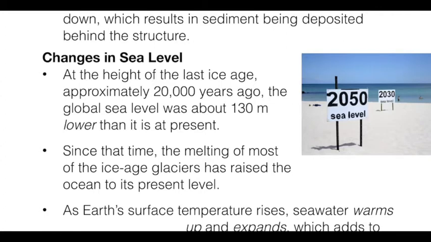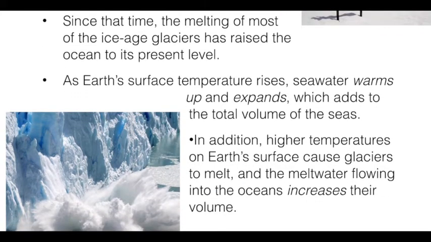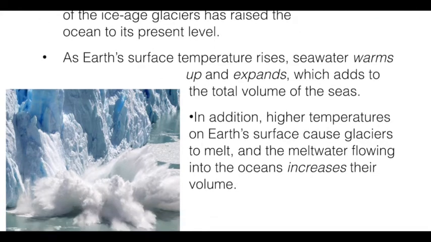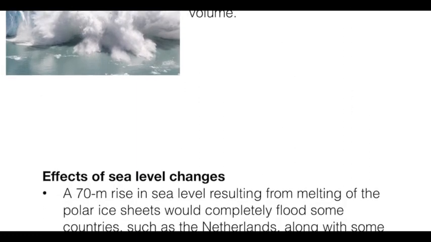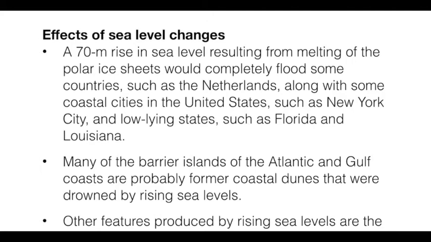So you end up with changes to coastlines because now you've got more water in the pool than you used to. If sea levels were to rise substantially, low-level large cities would be devastated.